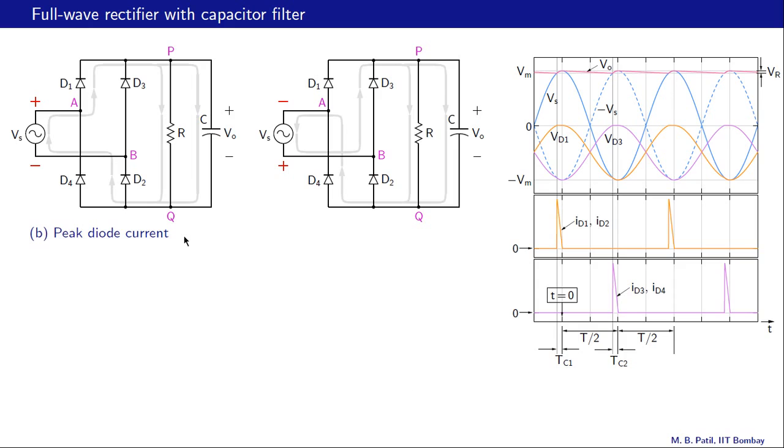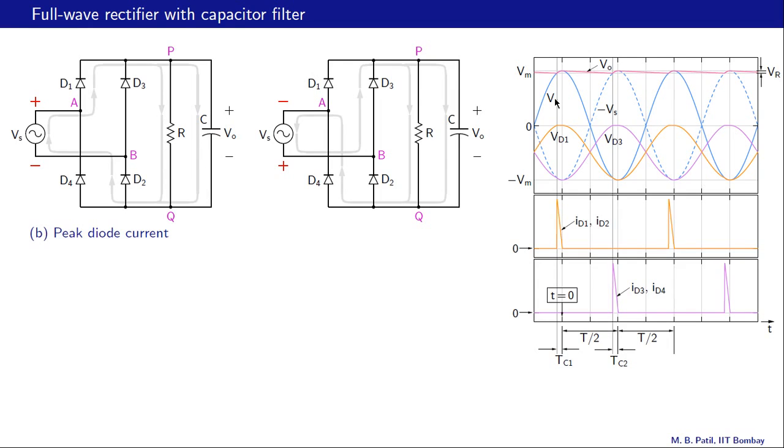Let's look at the peak diode current, and let's say we are talking about ID1. So ID1 is maximum here, and as before, this is the sum of IC and IR, because the current is applied to both the resistor and the capacitor.